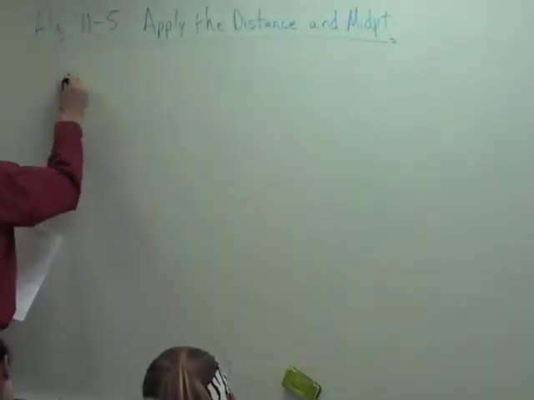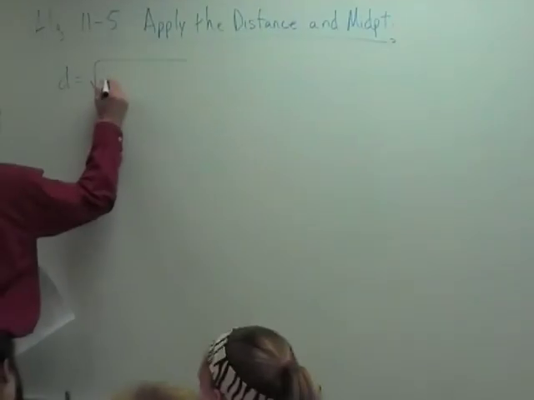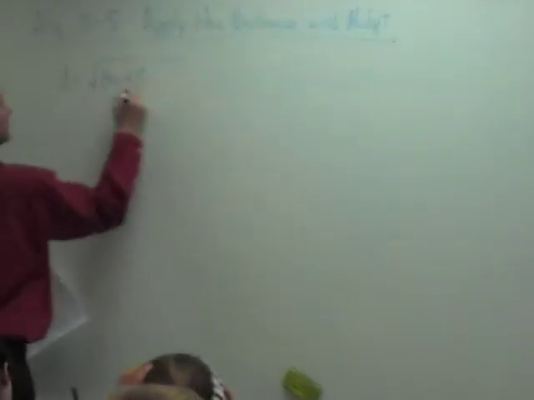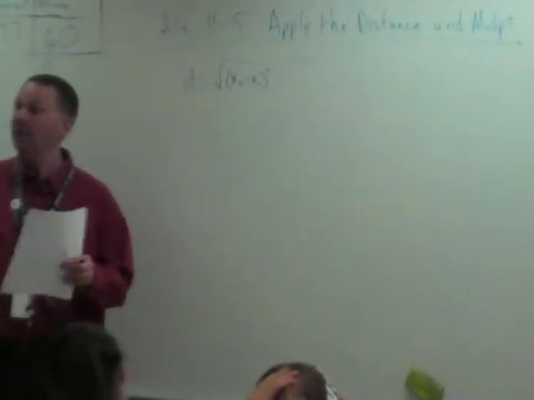Okay, so the distance formula, somebody tell me what it is without looking. The second x minus the first x squared plus... Doesn't matter. Why not? Because when you square it, if it's positive or negative, it's going to end up being positive.